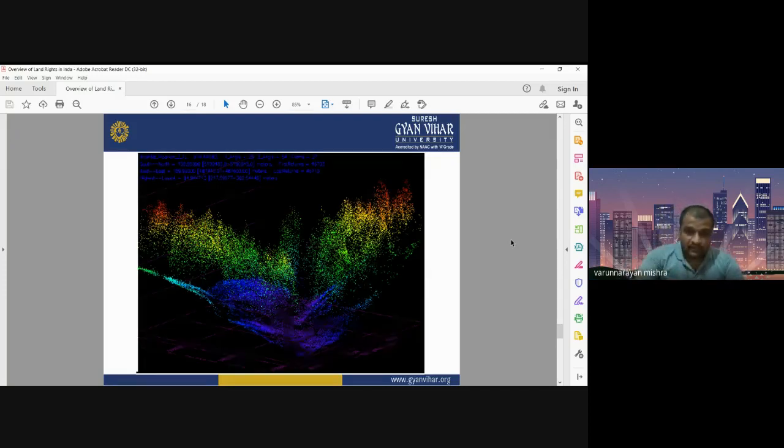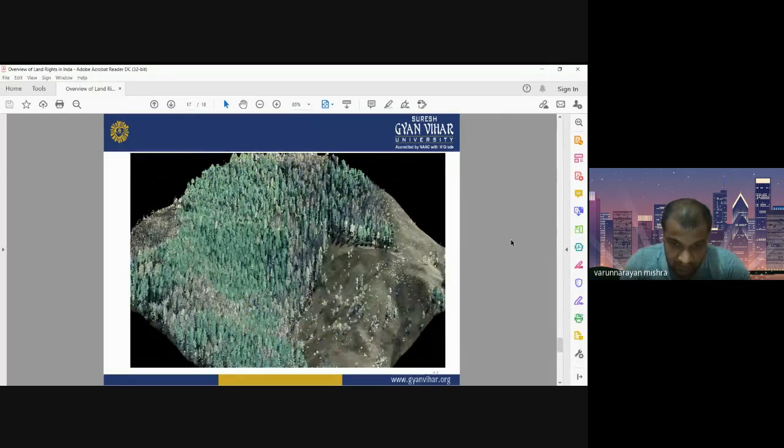Okay, and when we process these intensity values using some software, some algorithm, you may have this kind of image. This is known as an intensity image, produced from the point values captured by the lidar system using different softwares. Those softwares may be proprietary.